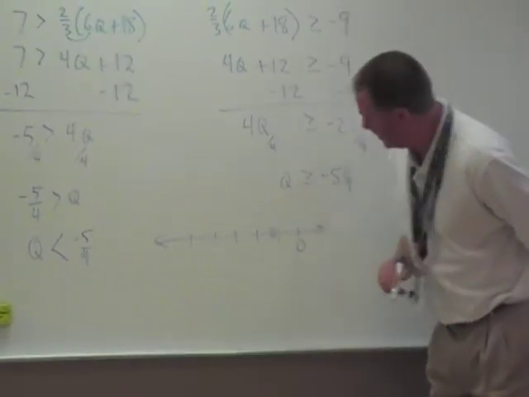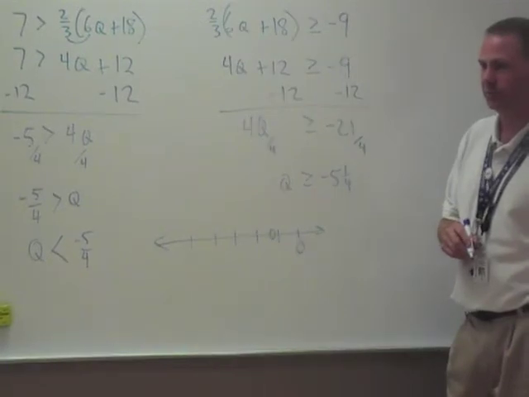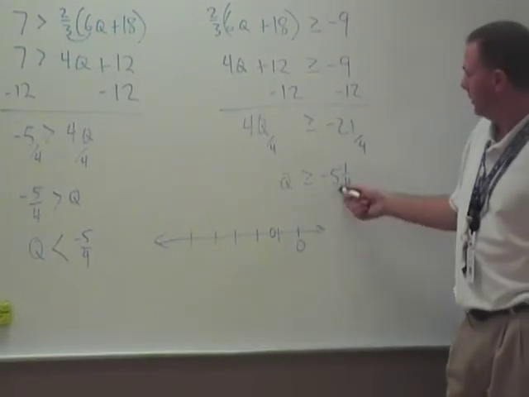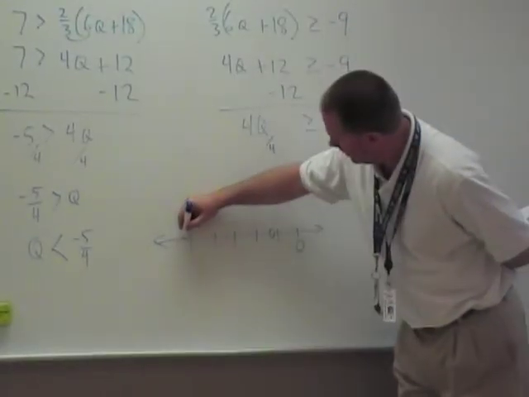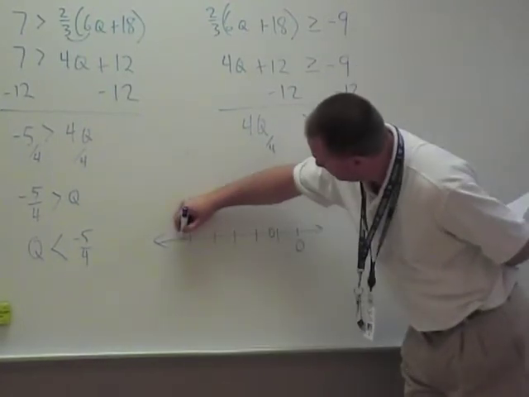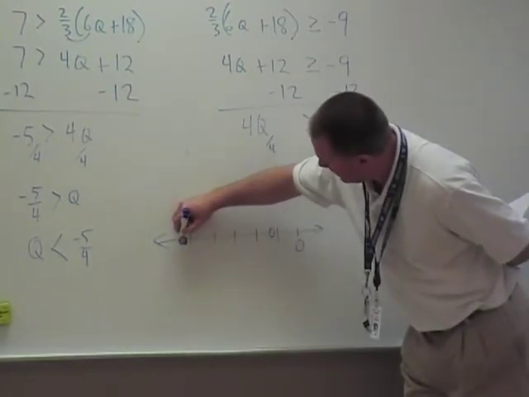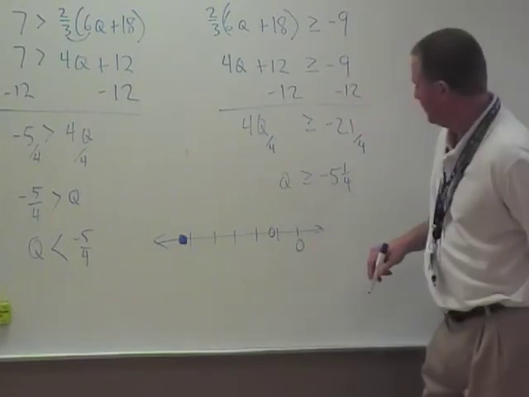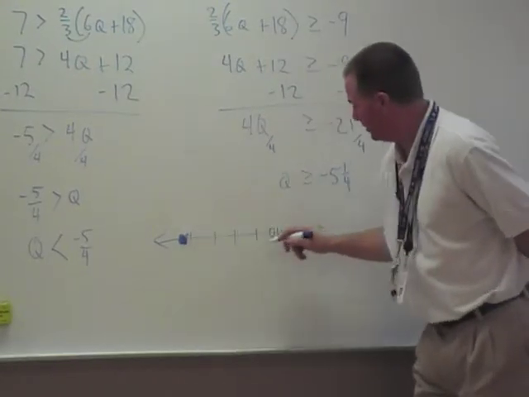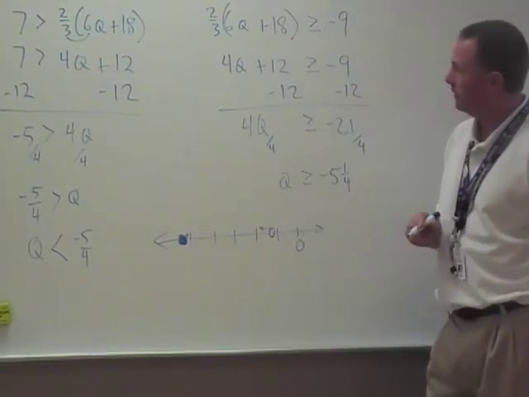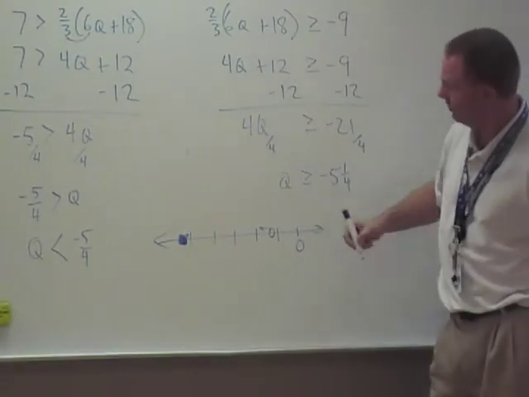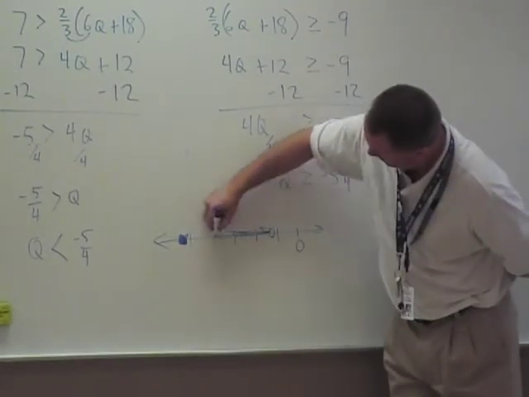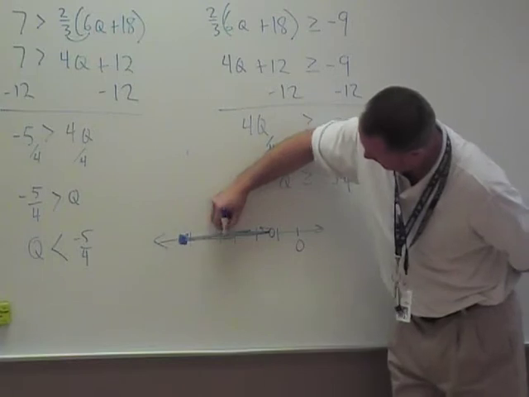Open dot, just past the negative 1 to the left. Negative 5 1/4 is a closed dot just past the negative 5. This one's shaded to the right, this one's shaded to the left. It is an AND problem, so it's shaded between everything.